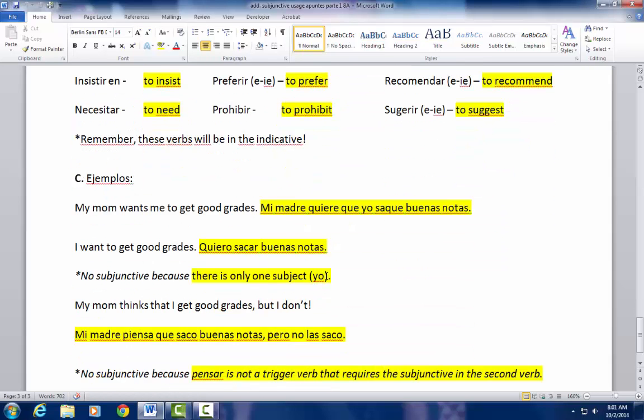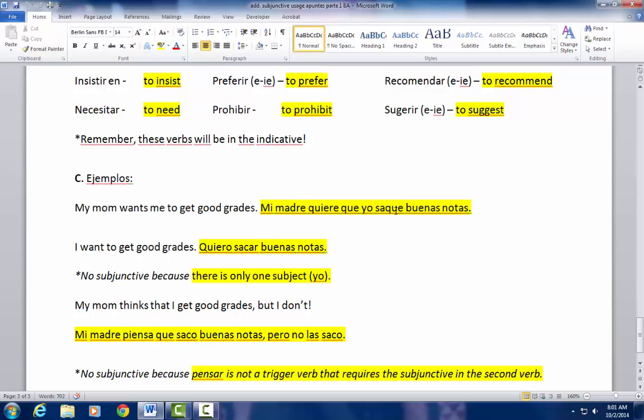Okay, so let's put these into some examples. My mom wants me to get good grades. Remember, subject 1, verb 1, que, subject 2, verb 2. Subject 1, mi madre. Verb 1, quiere in the regular present tense. Que, subject 2, yo. Verb 2, saque.